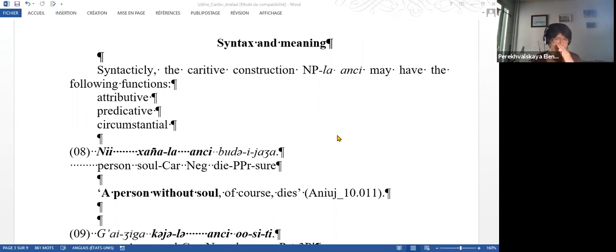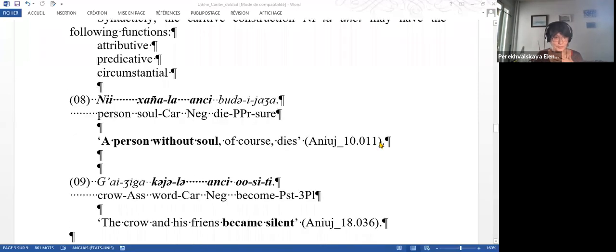It is not бездушный because it's a story about the shaman who steals souls of people, and when a person's soul is stolen, he of course dies. It is not exactly that, but of course soul is inalienable. You have to admit this.